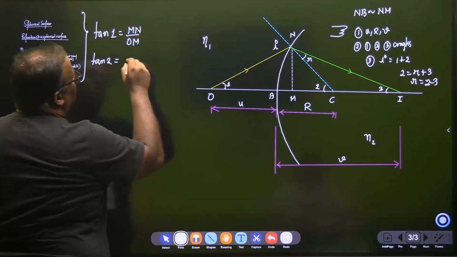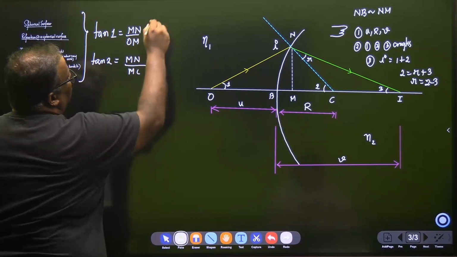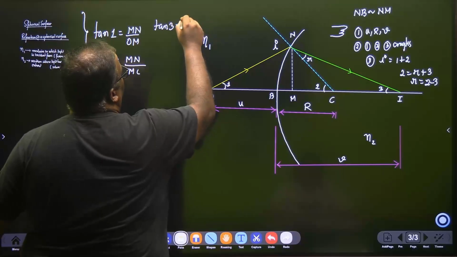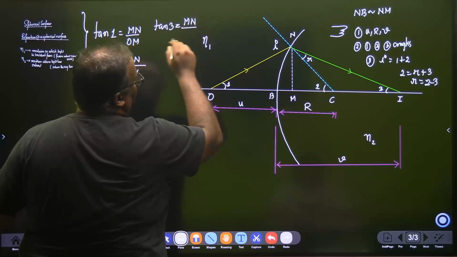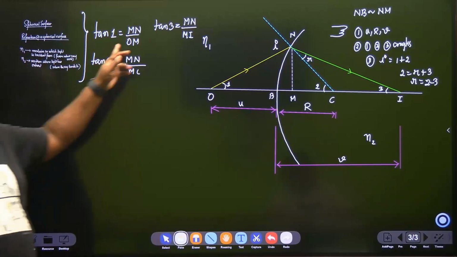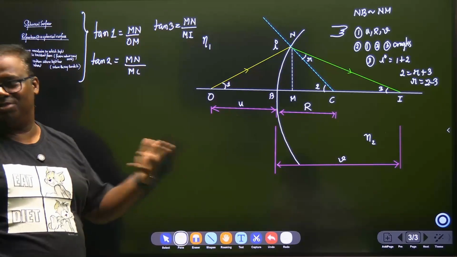Tan 2 is MN by MC. What is tan 3? MN by MI. So you've got your thing. You have an object distance, you have the R, and you have the image distance. See, it becomes very easy now.